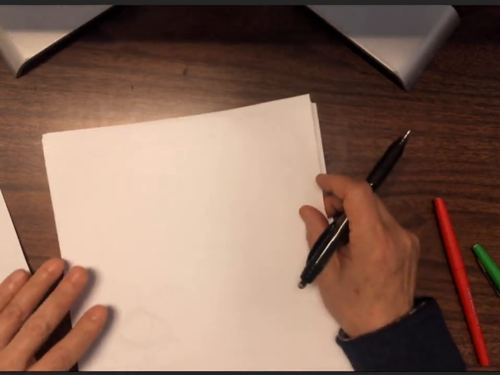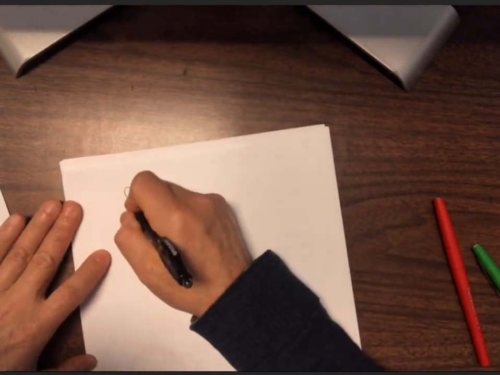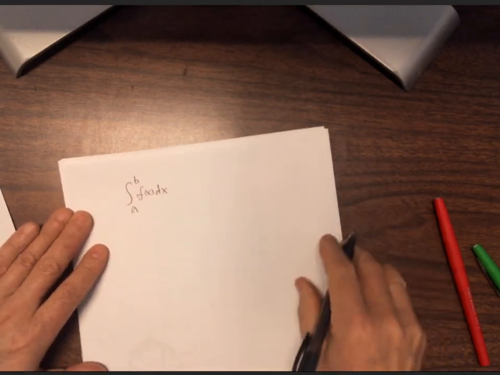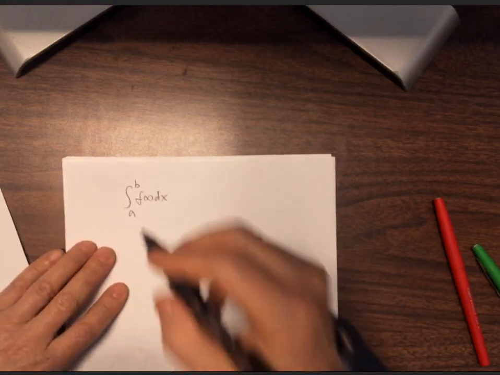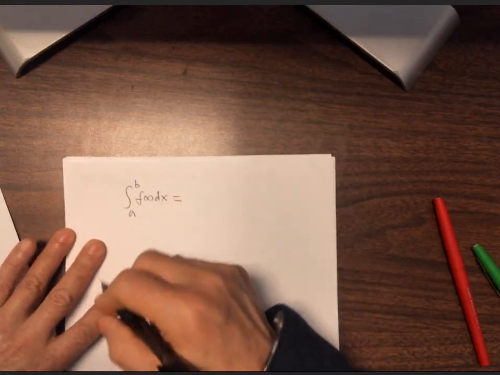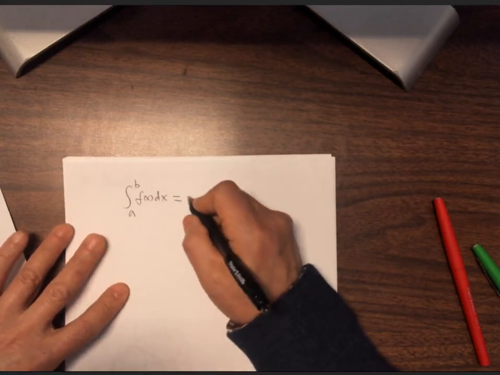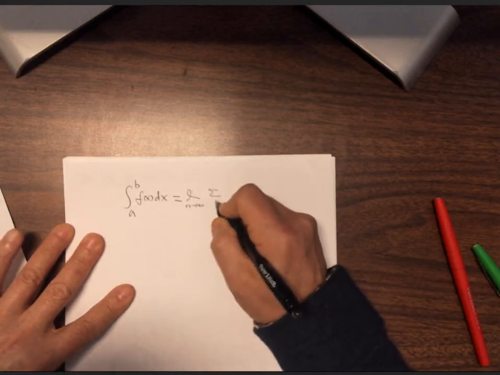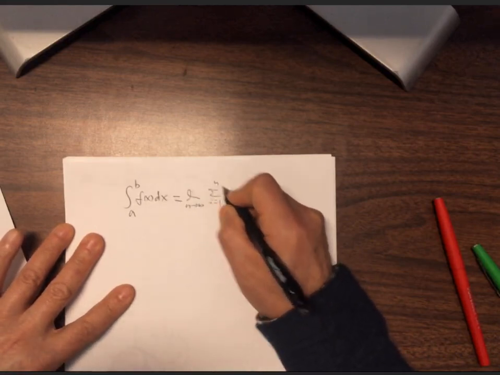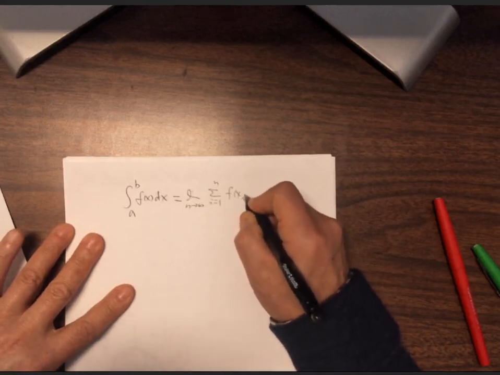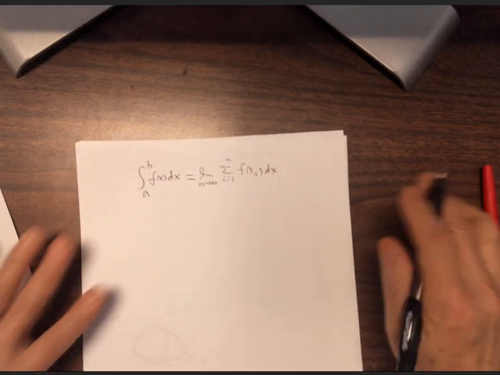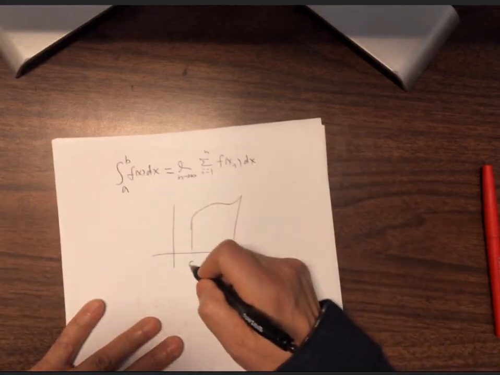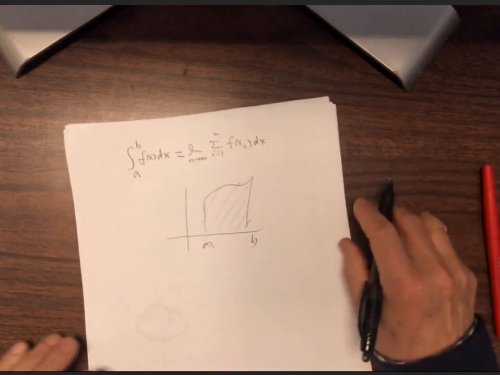So let me copy the notation. It's called an integral expression. What it is really is this limit expression we come up with when trying to use Riemann sum to evaluate the area of the region, like this.